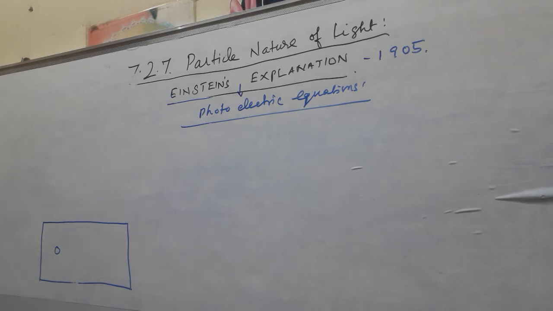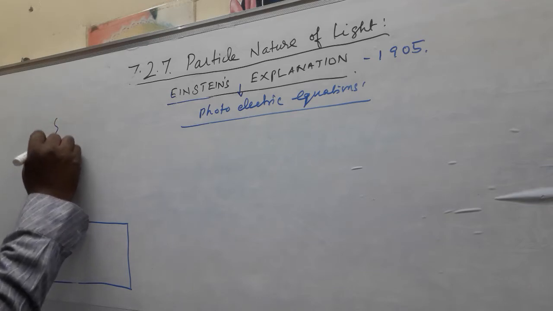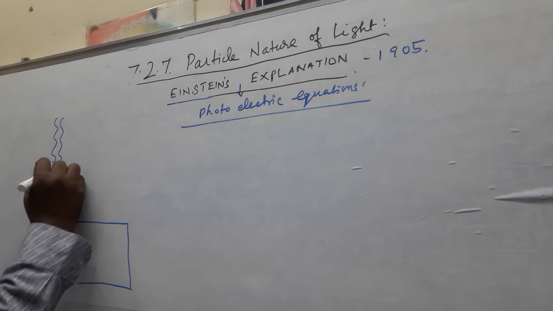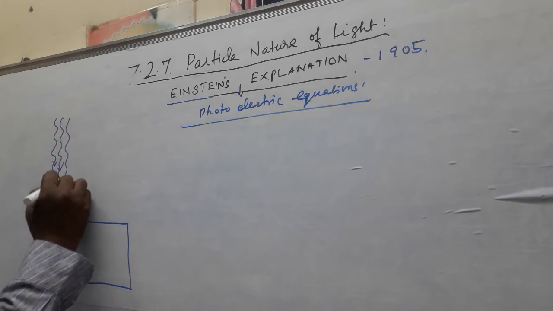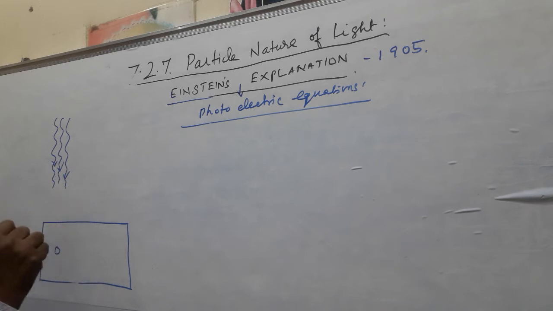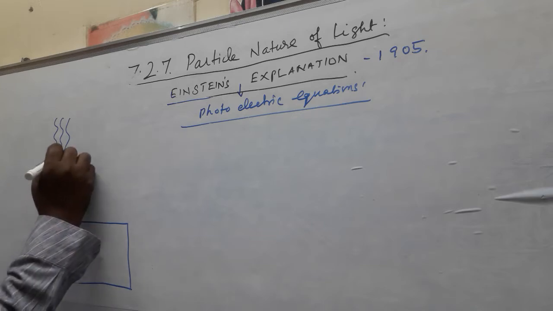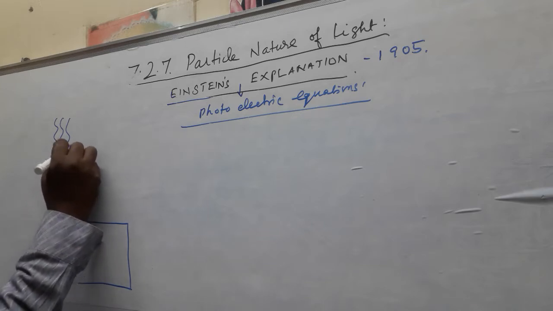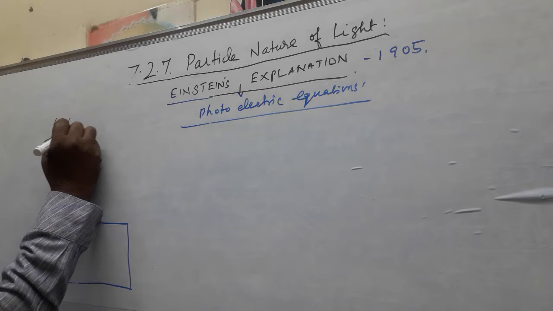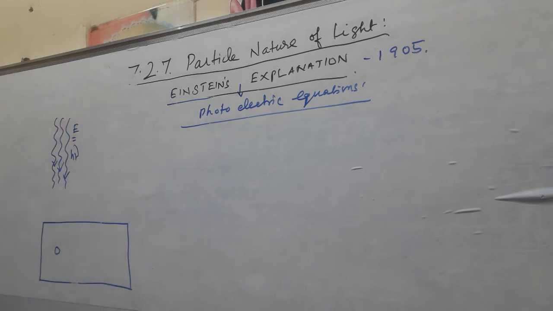In case an incident ray of light or any electromagnetic wave hits the surface with the energy of h nu, here h is the Planck constant and nu is the frequency of the beam of rays, so E equals h nu.